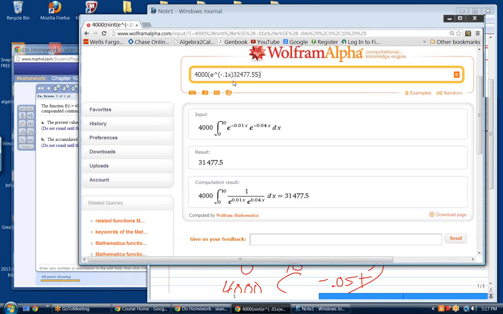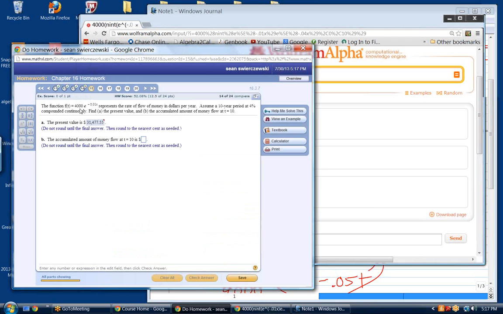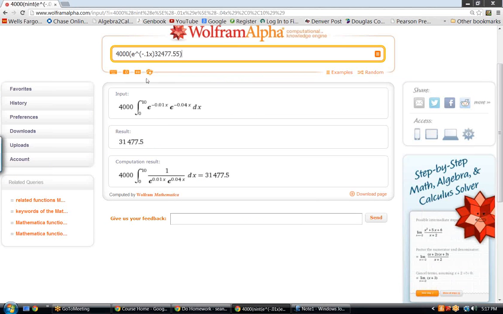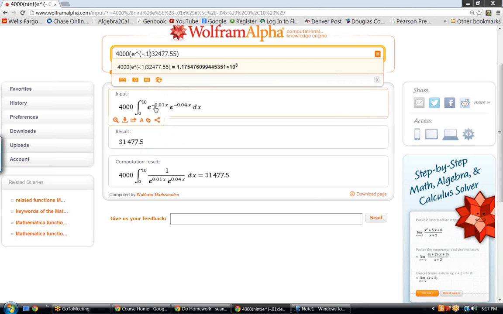That look right? In other words, it's the function times the present value. Well, the function evaluated at 10. So that's going to be 4,000 e to the minus 0.1. I don't need that x in there. All right.